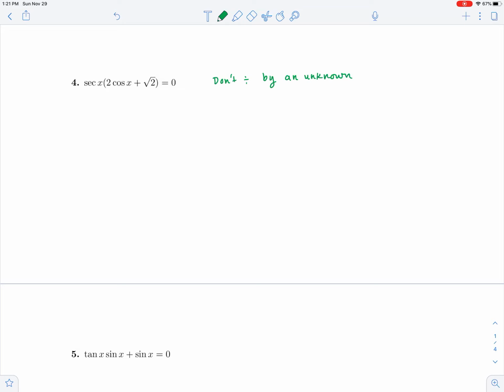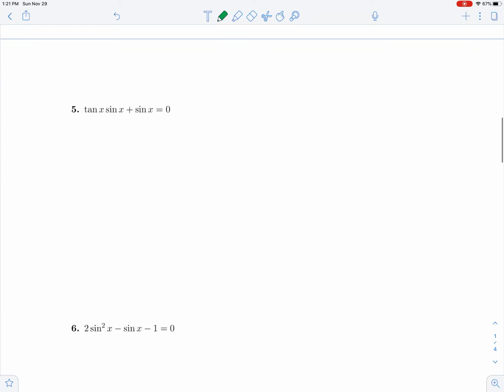When you're dividing both sides of the equation by, say, secant x or anything that could be 0, then you are losing information, because if that expression were 0, you just divided both sides by 0, and you lose the information that that's a possible solution. So in this instance, if we divided both sides by secant x, the times that secant x is 0 that make this equation true are being dismissed. So we don't want to do that.